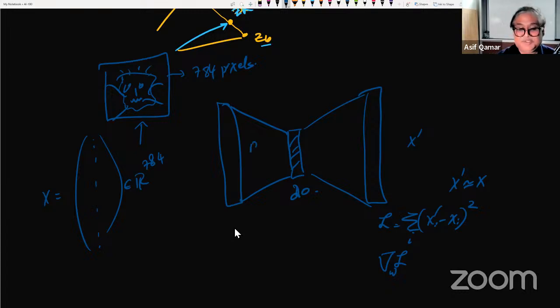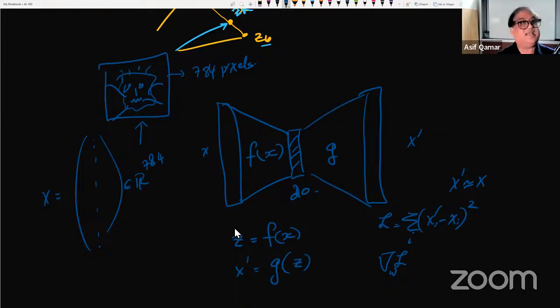Let's do one thing. Let's treat this function as f. This x goes in, so let's say this is f of x. Let's write some notation: z is equal to f of x, and x prime is equal to g, the decoder function, of z.